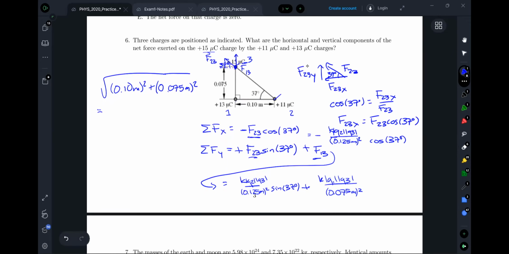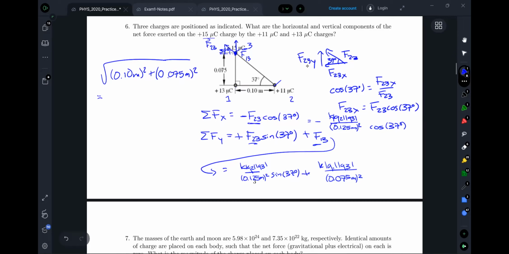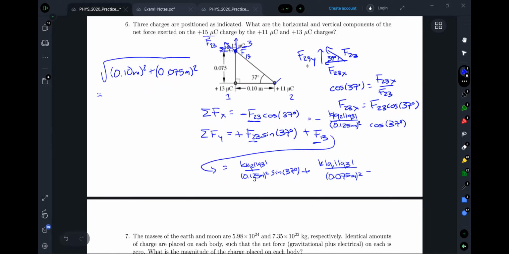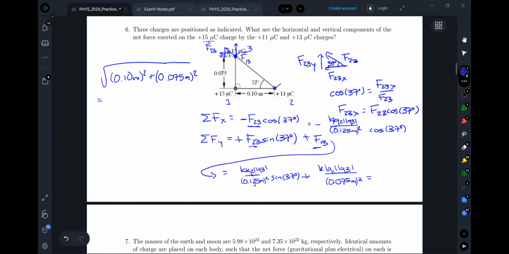If we put in our charge for 2 is 11 times 10 to the negative 6, for 3 it's 15 times 10 to the negative 6, and for 1, 13 times 10 to the negative 6, we should get our components.